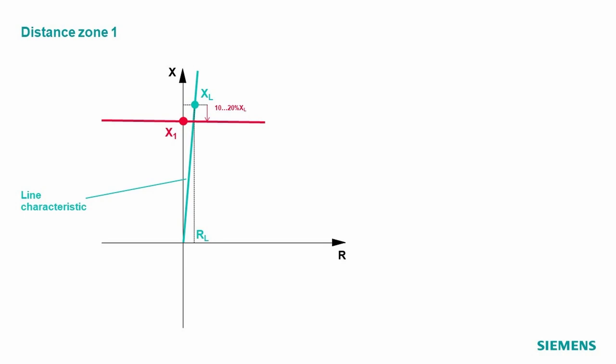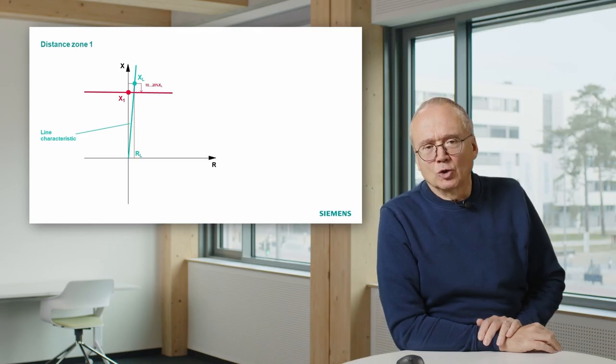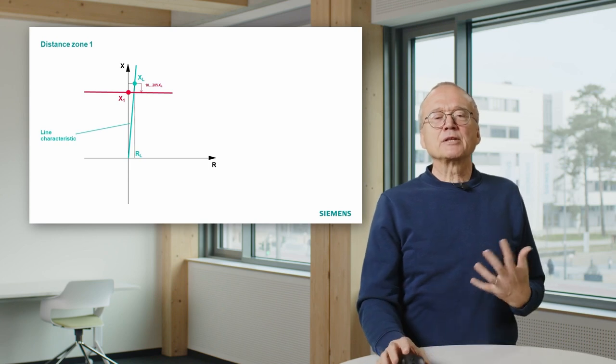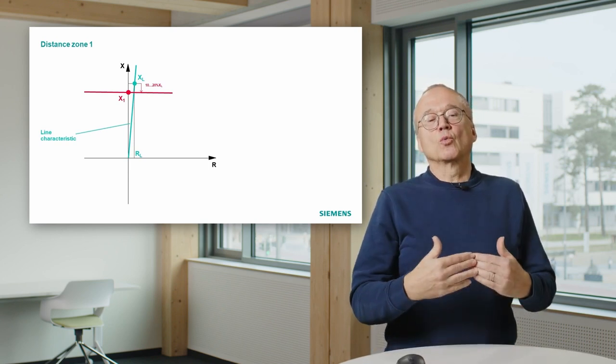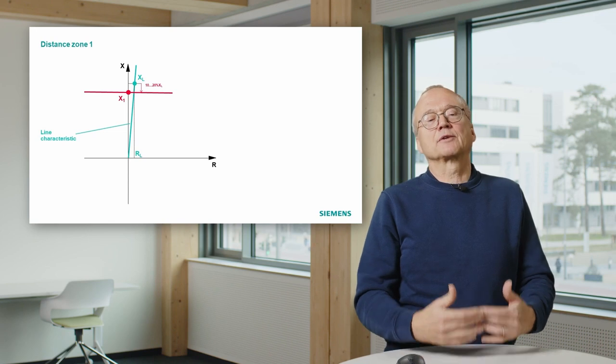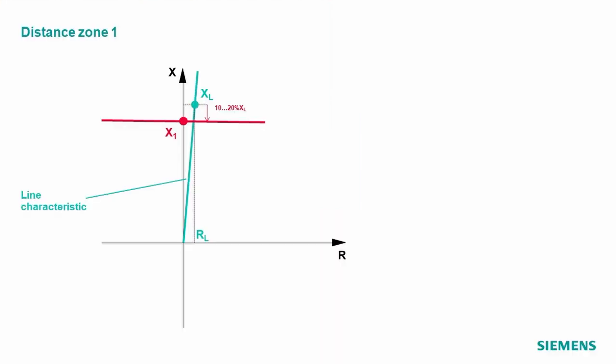And what you typically do to cover possible measurement errors is make it some 10 to 20% lower. That means you make a setting of this horizontal limit not to 100% of the line reactance, but for instance to 85% of the line reactance.